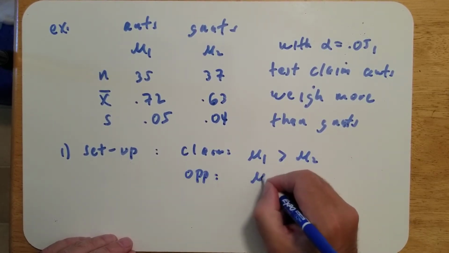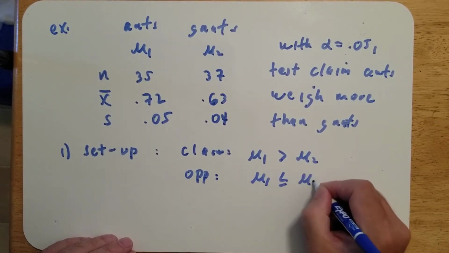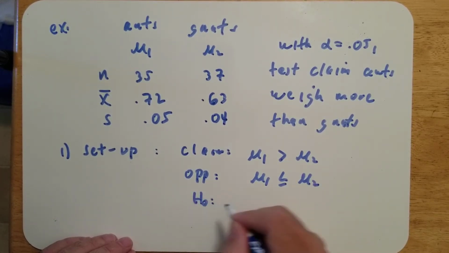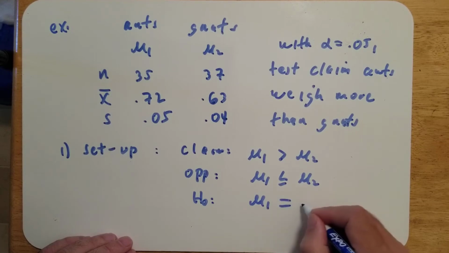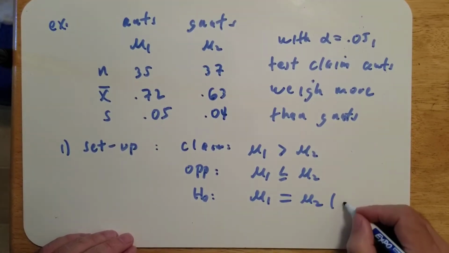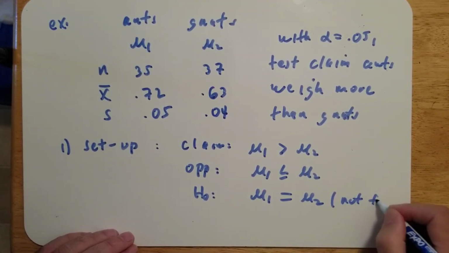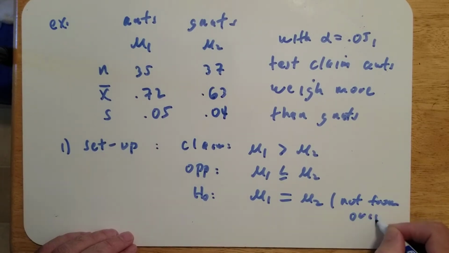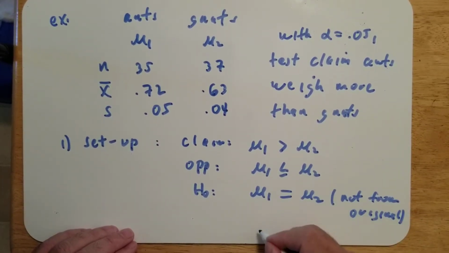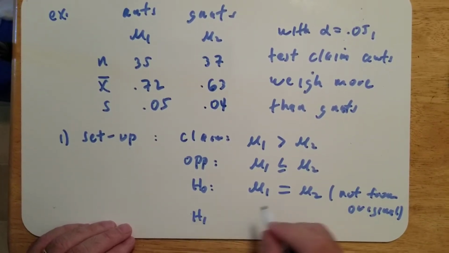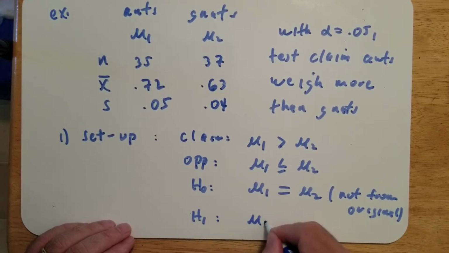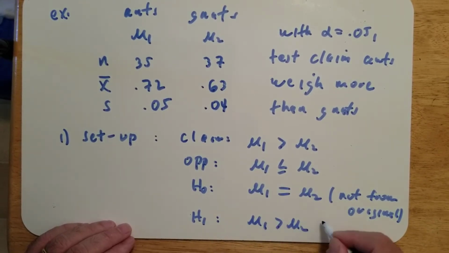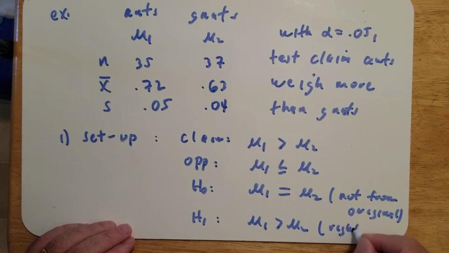The opposite, mu1 less than or equal to mu2. The null hypothesis, mu1 and mu2 are equal, which is not from the original. And the alternate hypothesis is mu1 greater than mu2, which makes for a right tail test.